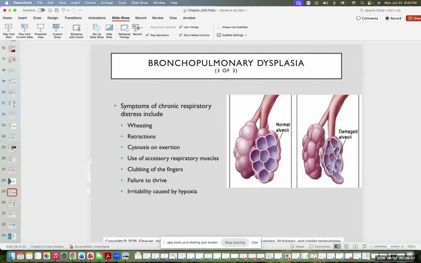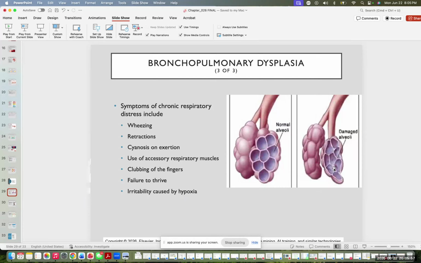What is this getting ready to do? What do we call this? Why do we do IS? To prevent what? Is it gonna collapse? Yes. What's the fancy term for that? Atelectasis. So that's what these damaged alveoli can do.